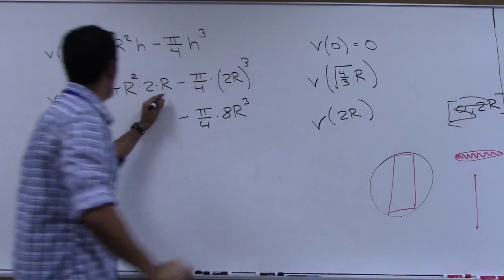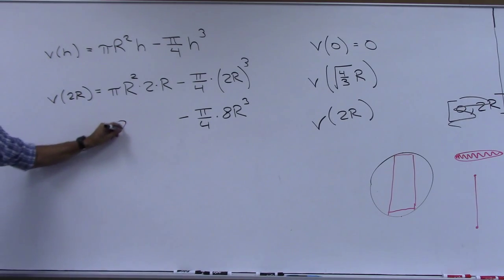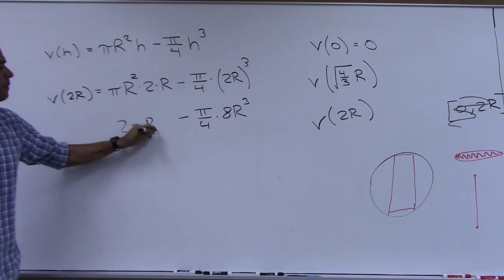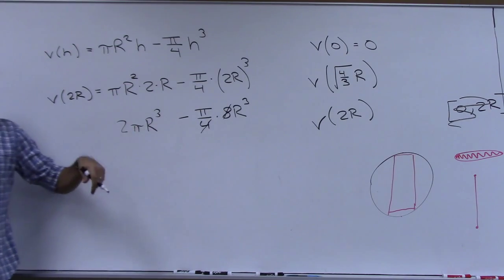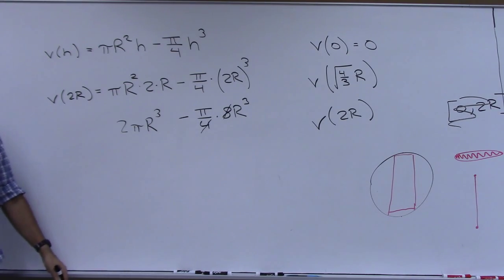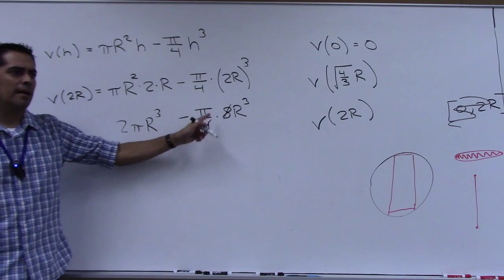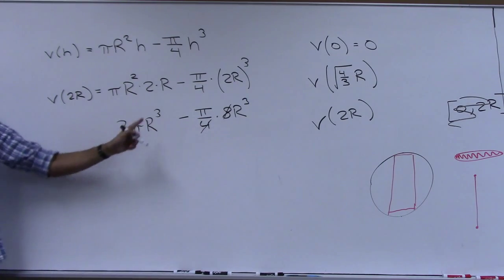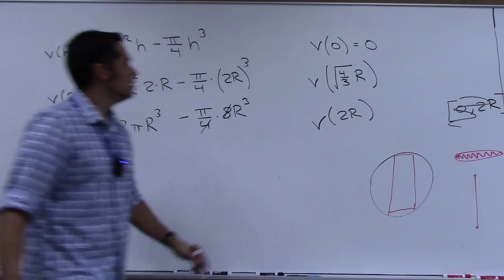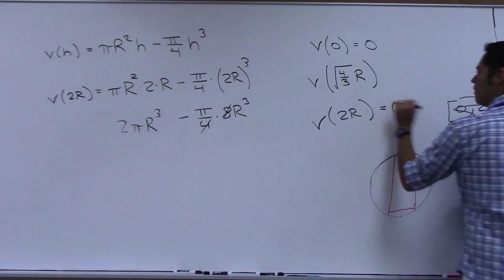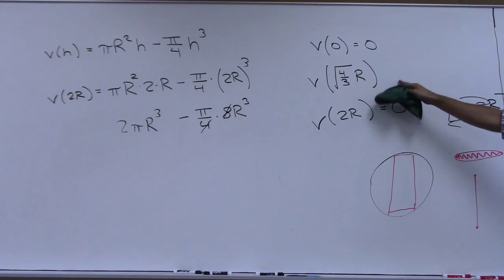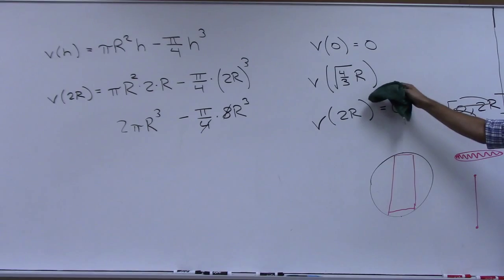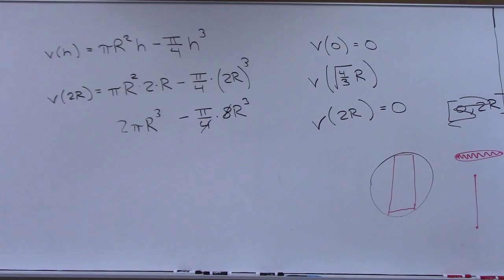Over here, what do I get? 2 pi r cubed. But when you reduce this fraction, 8 over 4 is 2, so you get 2 pi r cubed. So 2 pi r cubed minus 2 pi r cubed is 0 again. So I get no volume here, which, again, we kind of knew would happen. But this one is going to be where I get a maximum.